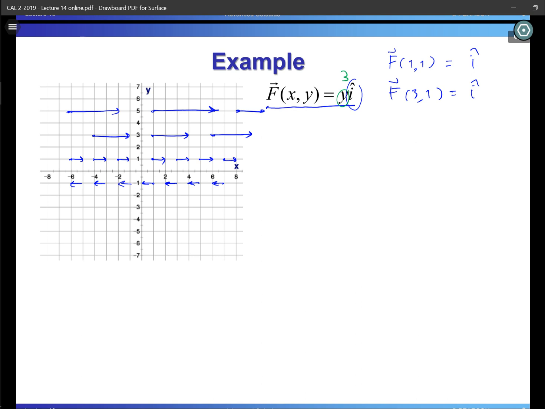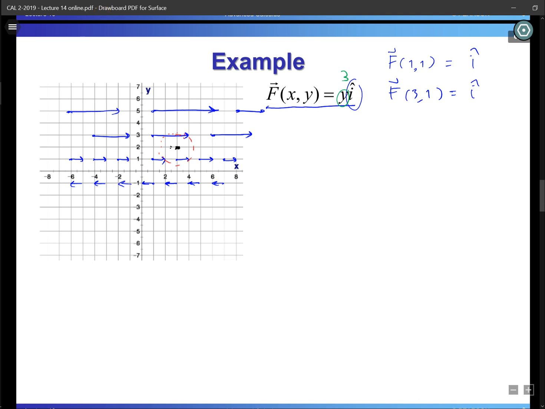Now, let me pick a point, maybe right here. Just any point. That is the point I'm interested in, the point where I want to know the behavior, the characteristic. This point is going to have a neighborhood.